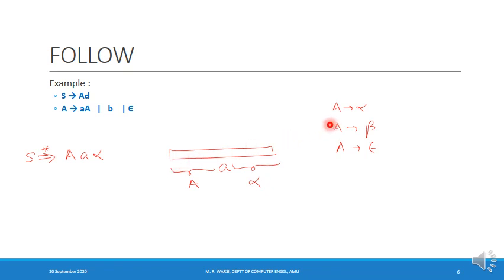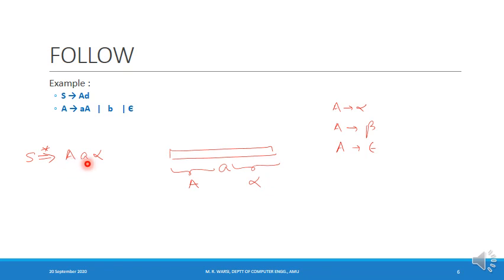Question now is, when should I use the third production for expanding the capital A? When I expand the capital A using the third production, capital A will get eliminated and a small a will be coming at the first position. So when I replace capital A with epsilon, what will be the next input symbol?